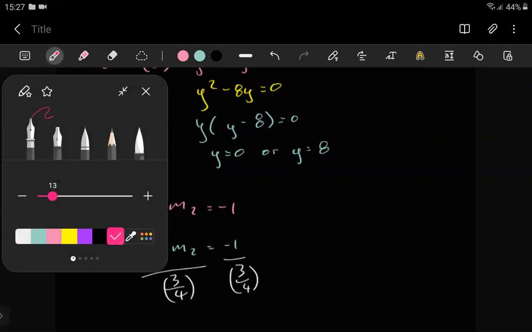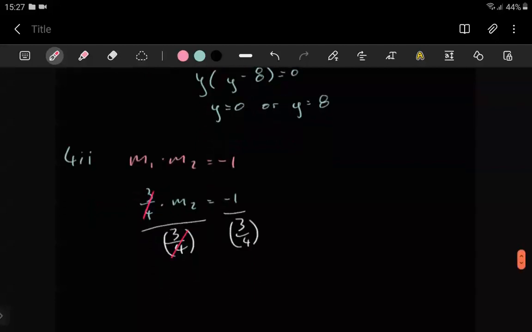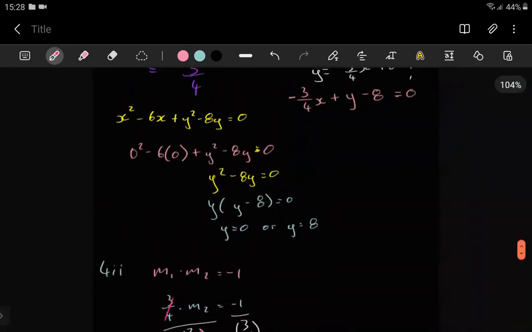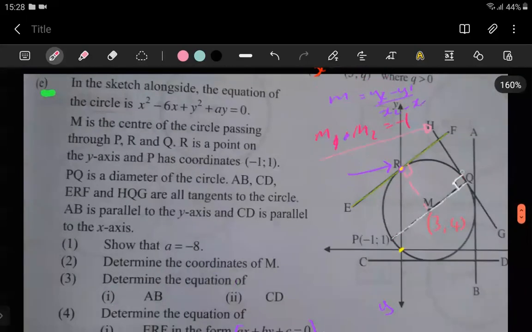The reason why you do this is because you are working with another line. Quickly go back to the picture. You're working with the same PQ, but you want to calculate the gradient of HQG, which is not the same as ERF. The thing with ERF and PM is they're parallel.